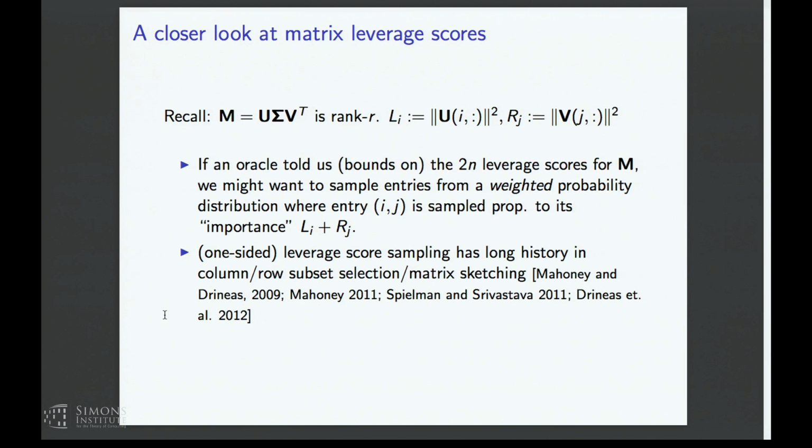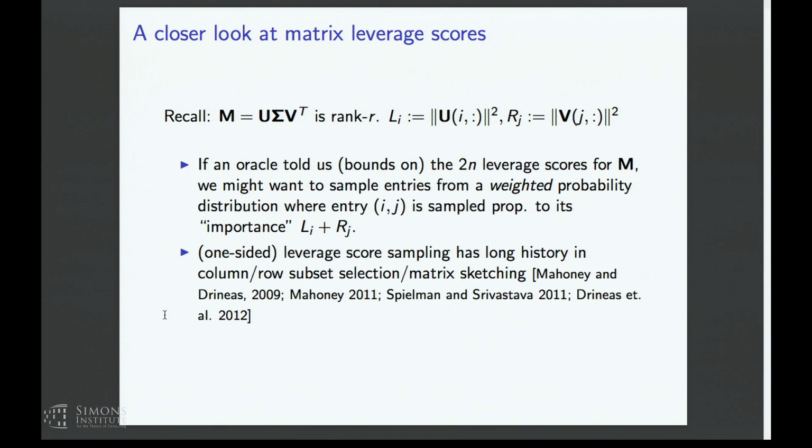So maybe not necessarily Li plus Rj, maybe Li times Rj, but something like this. In particular, for the bad example on slide 2, this would say we're just going to sample that corner with the ones in the matrix more frequently.